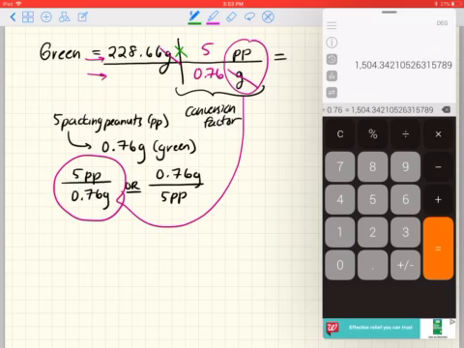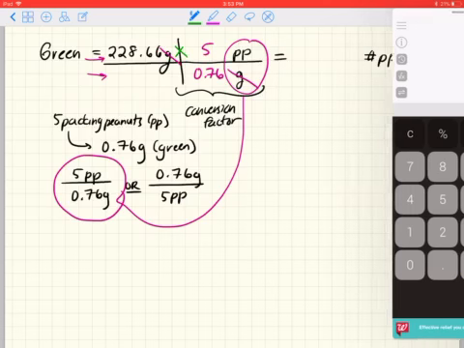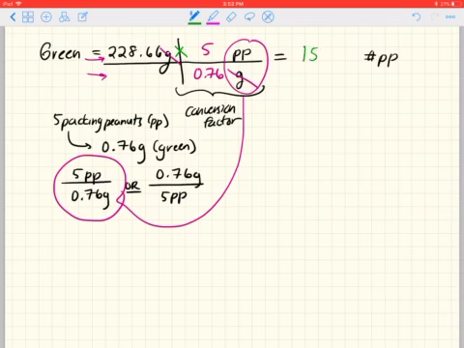And so my answer is 1,504. And I'm just going to round that to about 2 sig figs, so my final answer is going to be approximately 1,500 packing peanuts. And that is my final answer.